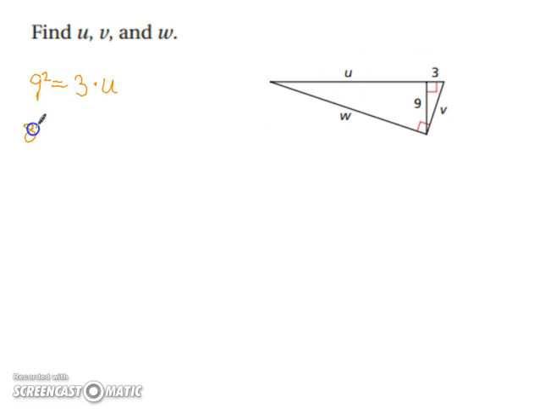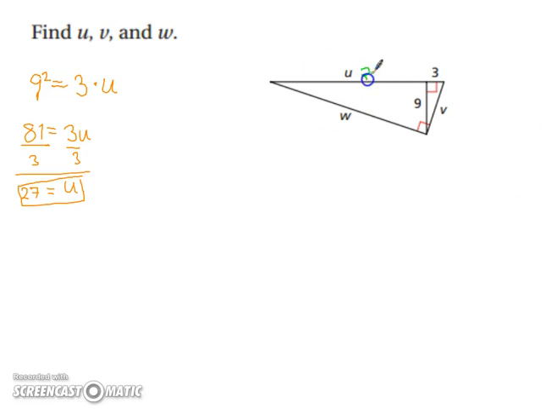So we have 81 equals 3u, and we want to solve for u, so we divide by 3 on this side of the equation and divide by 3 on the other. U equals 27. Okay, so there's one of them.